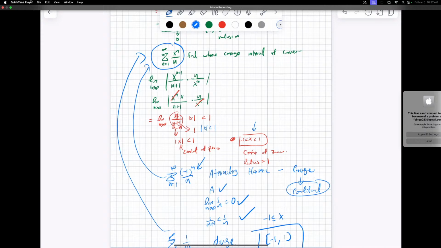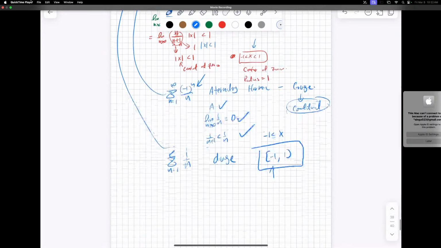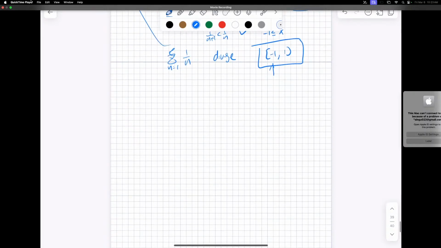A conditional still converge. And if it's divergent, I'm not going to include that value. Yes. Okay. You guys can go and help out people. Now, I'm going to give you a next question and see what you guys think. I'm going to ask you to do this one.